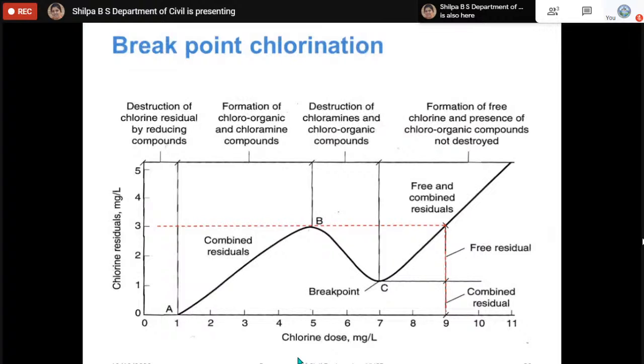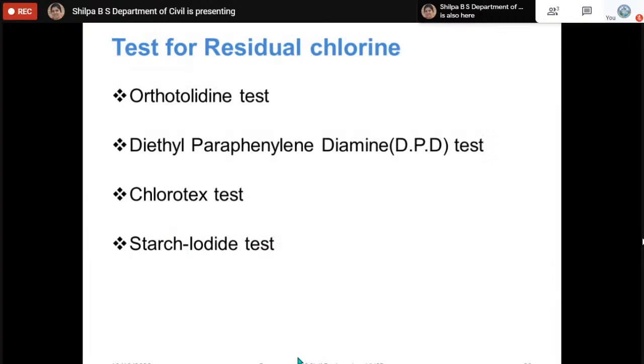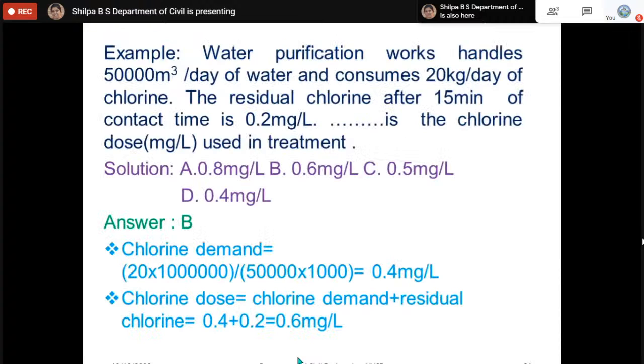And in the water treatment, to know the chlorine demand of the water, we will be using the concept of breakpoint chlorination. The tests for residual chlorine that are usually conducted in water treatment plants are listed here: orthotolidine, DPD test, chlorotex test, and the starch iodide test. Most common is the starch iodide test.